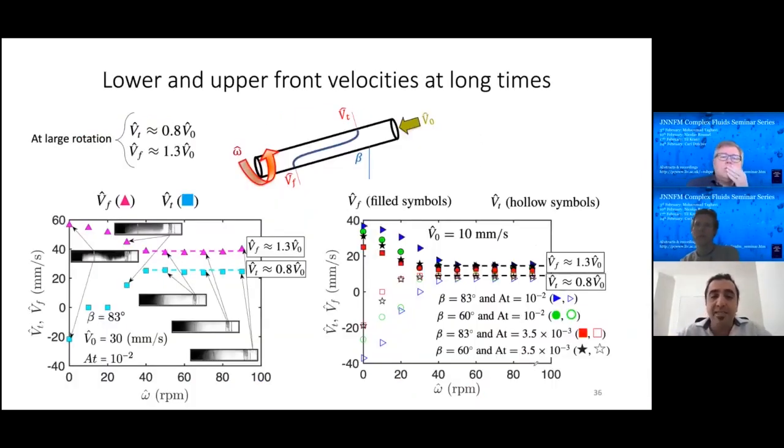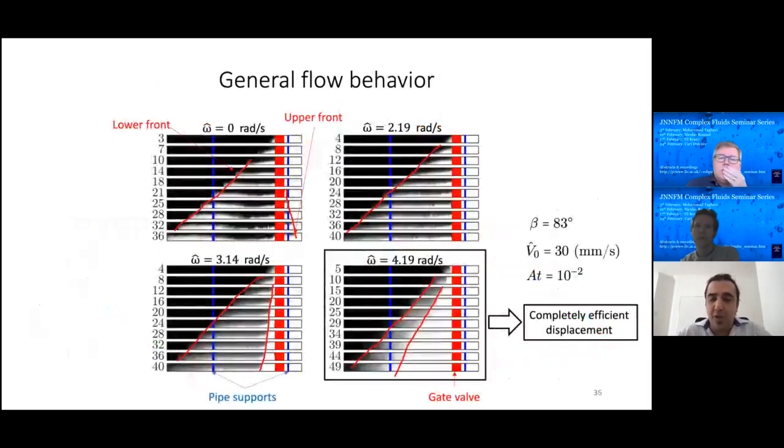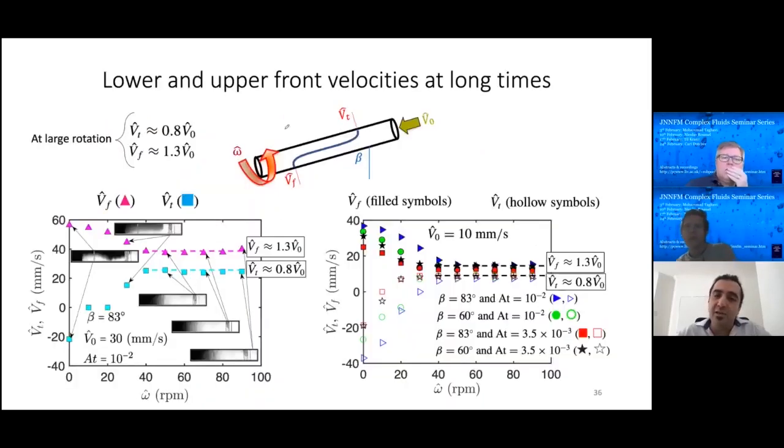So it makes sense to plot the variation of the upper and lower front velocities at long time that we just observed. If we plot the lower front velocity versus omega, we observe that the front velocity decreases with omega and then reaches a constant value of 1.3 times v0 at large omega.